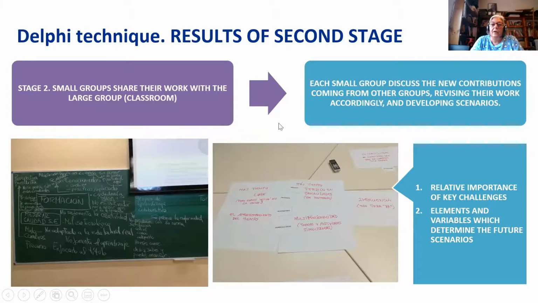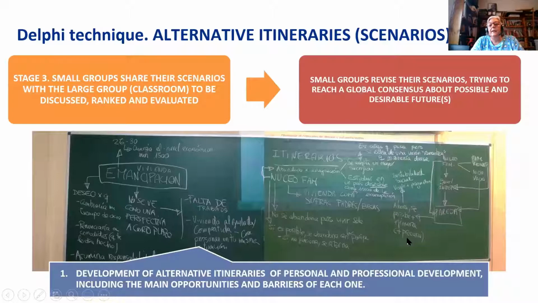With that work, we decided not to create scenarios, but itineraries. Here you can see the itinerary from family life to emancipation.